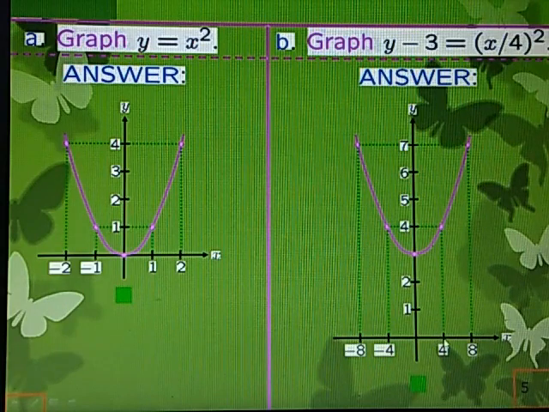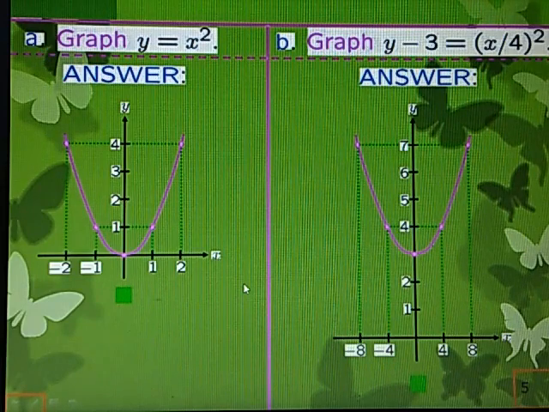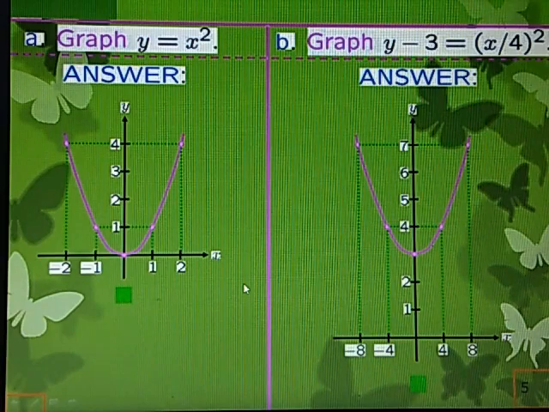See, in this case when x is 4, y is also 4. On the left of 4, the curve is approaching 4. On the right of 4, the curve is also approaching 4. Same pattern you will see in both cases. So the left hand limit at the point and the right hand limit both come out to be the same. And whatever is the value of the function at that point, that is also the same.